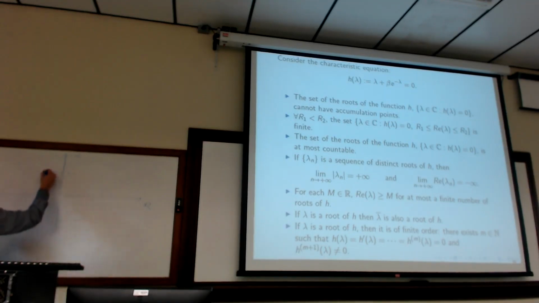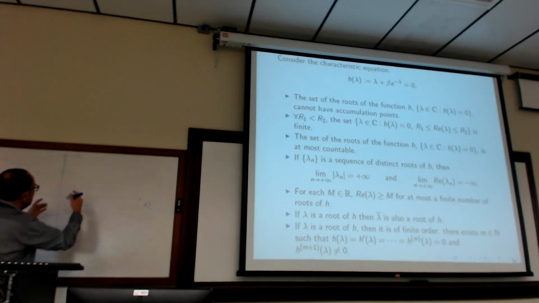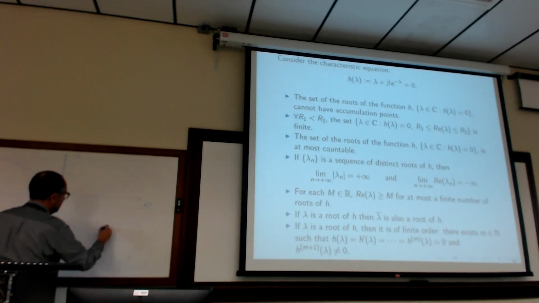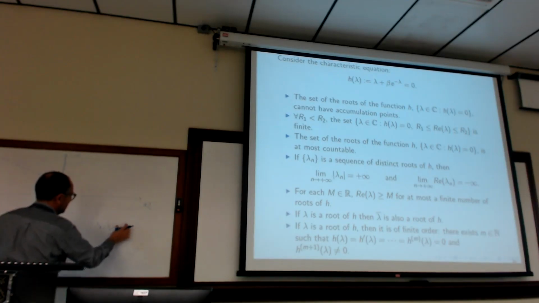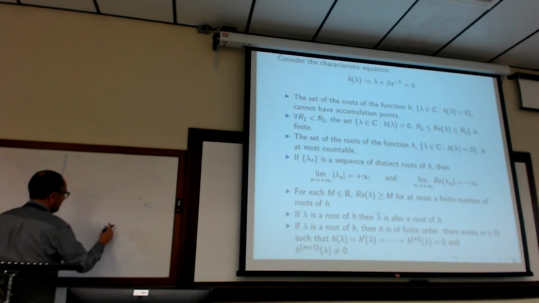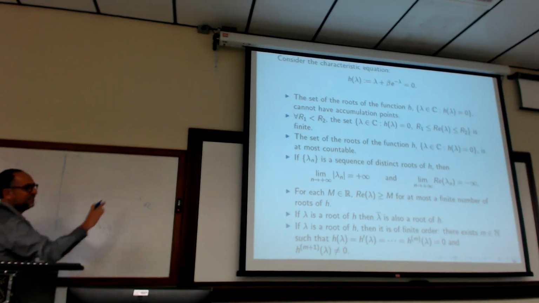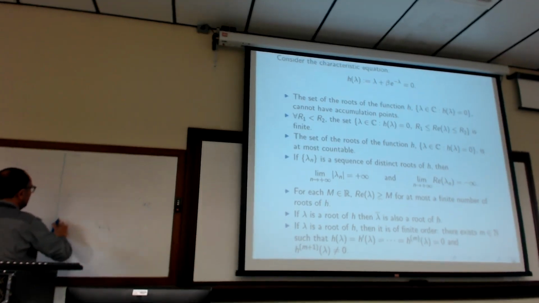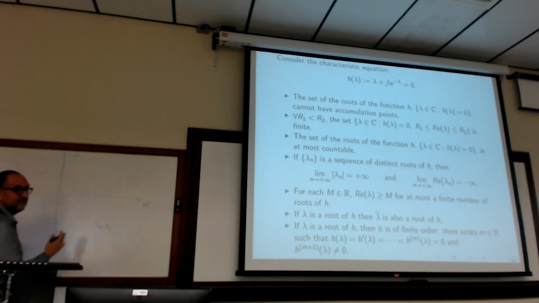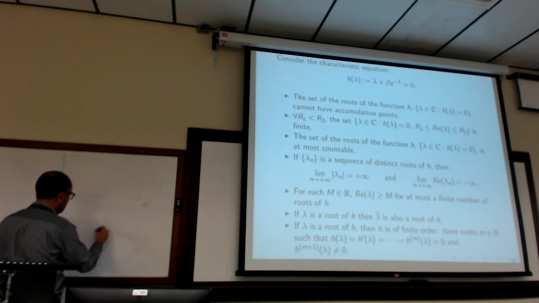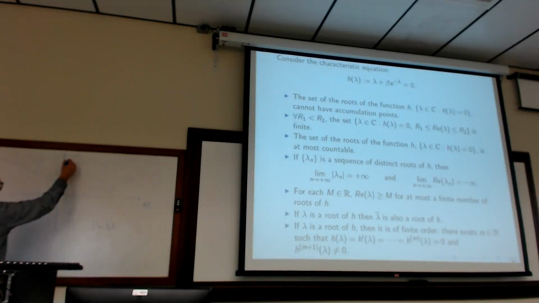And all the others accumulate at minus infinity. Now I take all these eigenvalues, I don't know how many. Let's say lambda 1, lambda 2, lambda 3. Actually, let's say I have only two, lambda 1 and lambda 2, and all the others are on the left.